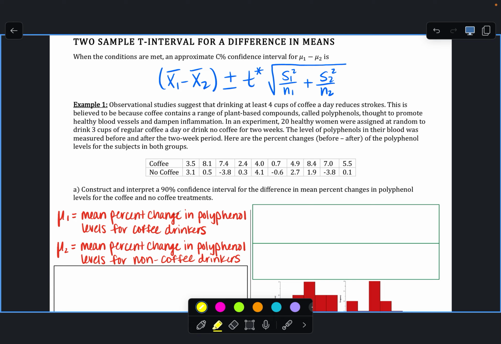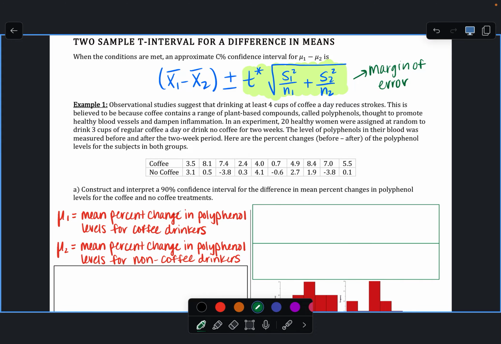Remember, this entire second half, this whole t star, square root, and the standard error formula, is all that makes up the margin of error. So it's still a point estimate plus or minus a margin of error.